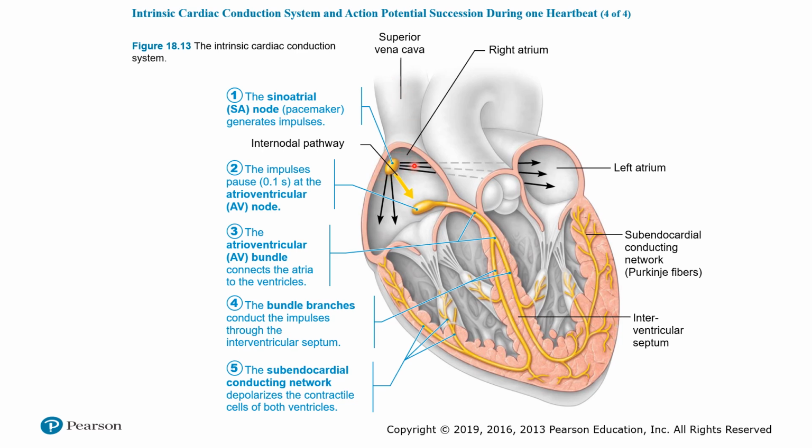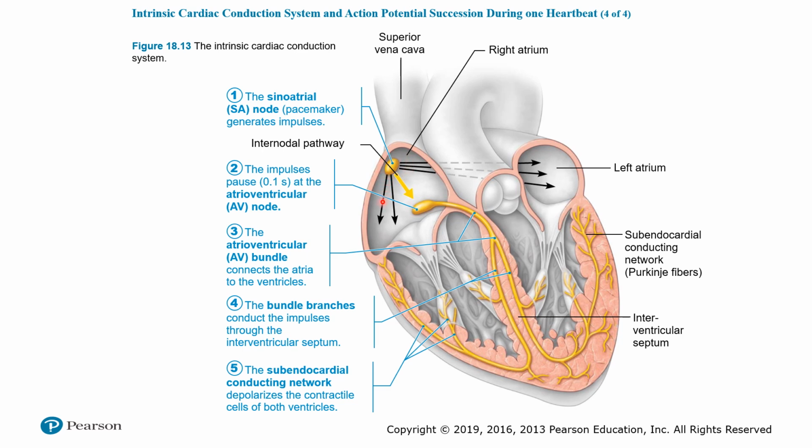You have to know the name, the location, the intrinsic rhythm of the SA node, and after it is influenced by the autonomic nervous system, what is the rate of the heartbeat.